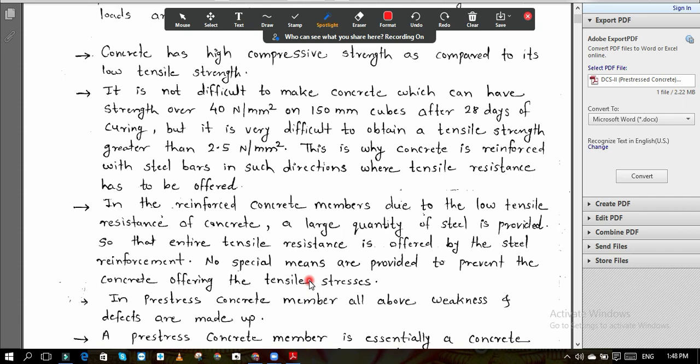We assume that the entire tensile resistance is offered by the steel reinforcement only. Concrete will not give any resistance to tension. That is the point they have mentioned here. But in precast concrete, concrete can also offer some resistance to tension. In RCC, we won't take that into consideration as the tensile strength of the concrete is very low. Okay.